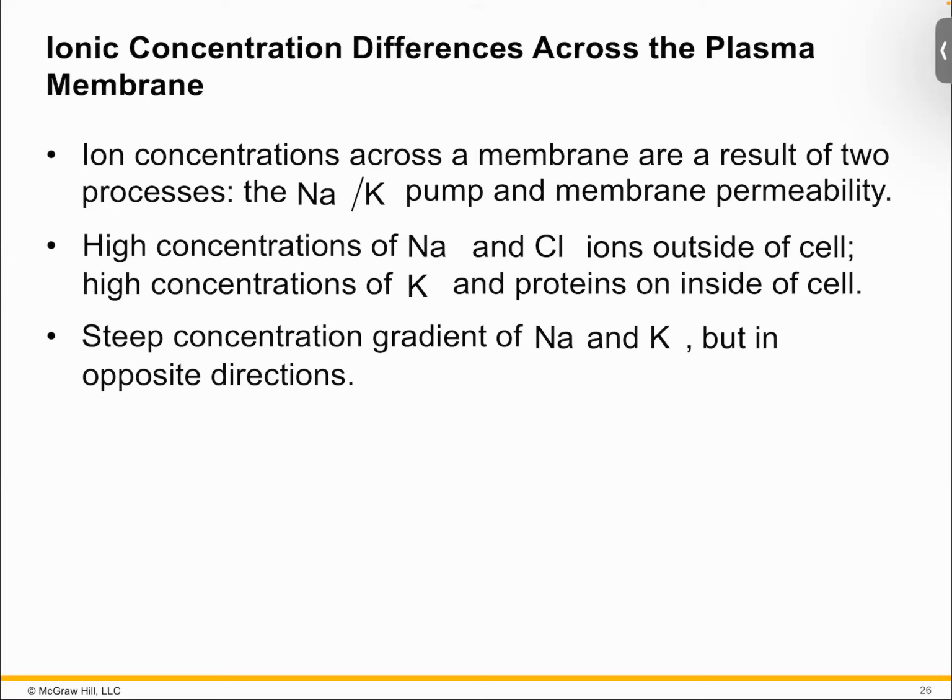We also know that the one creating these concentration gradients, and also creating this membrane potential, is our sodium potassium pump, right? They're the ones creating this disparity of charge across an insulator, which is essentially creating our membrane potential.